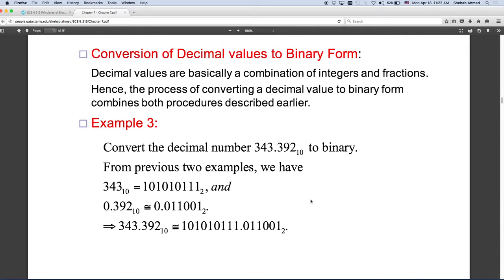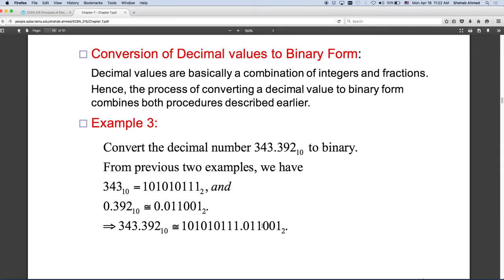Right, so I can represent, if my number is 600.392, I cannot use 15 bits anymore. I would have to use a higher number of bits, or I would have to reduce my resolution on the decimal portion. Okay?